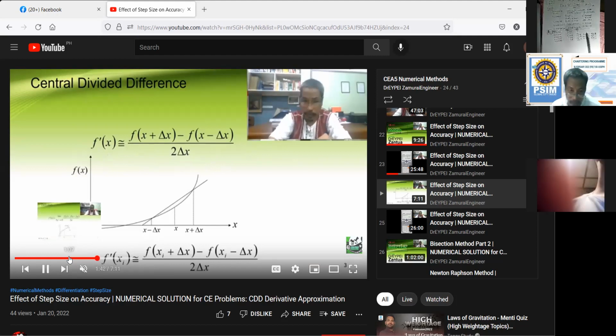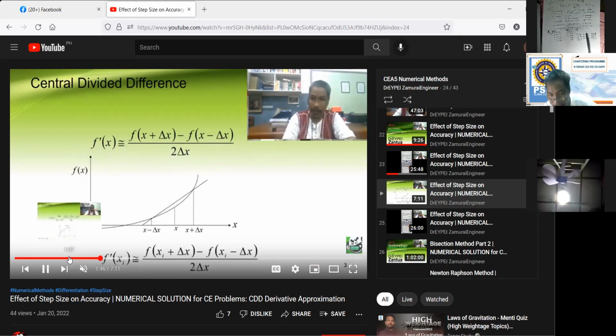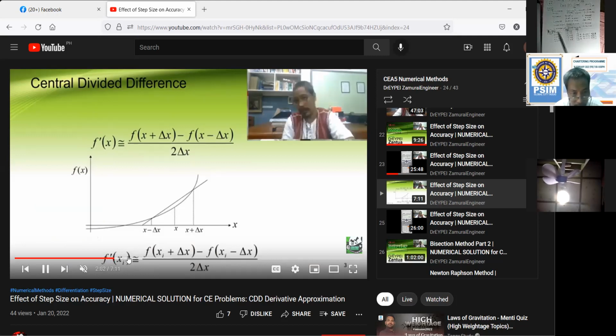Take note, approximate error is only the difference between the current and the previous approximation. That's why we're not able to have these values. We have this absolute value. So, next problem.